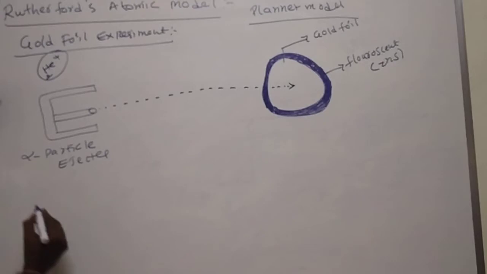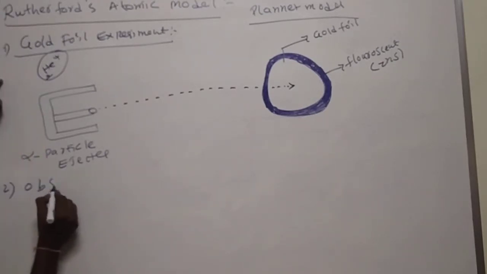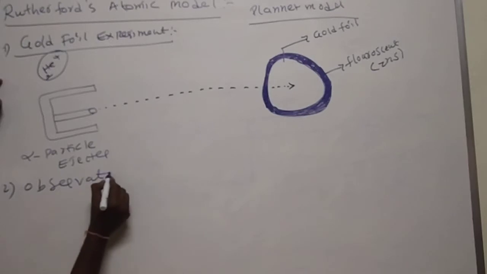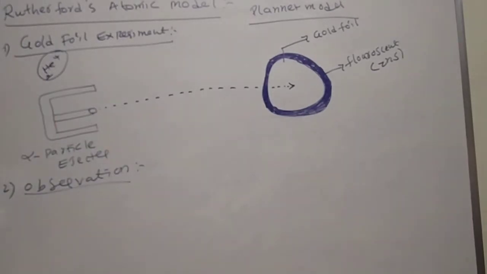After this gold foil experiment, we have the observations, after the bombardment of alpha particles on the gold foil. One more thing before explaining the observations. Here gold means it is a positive metal.